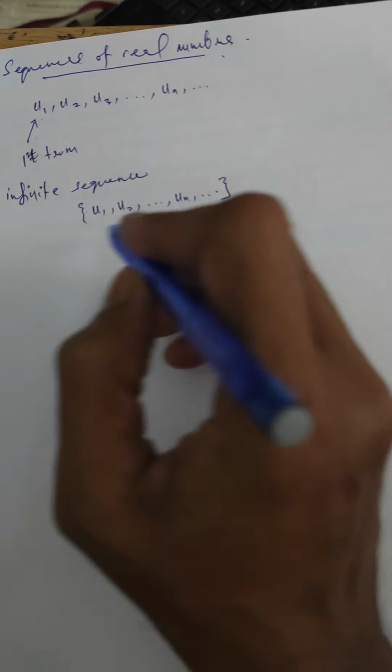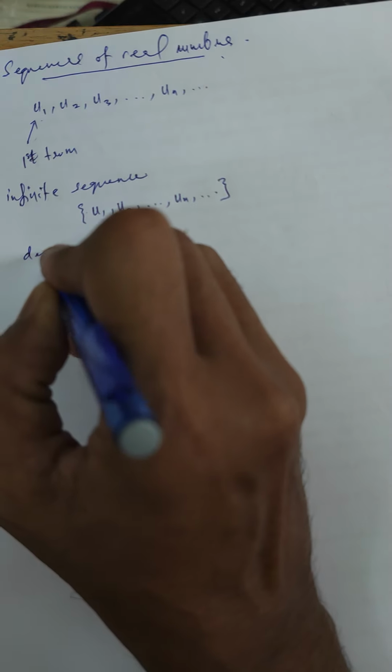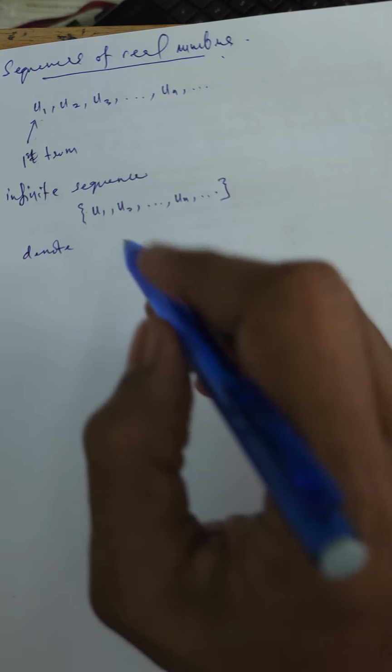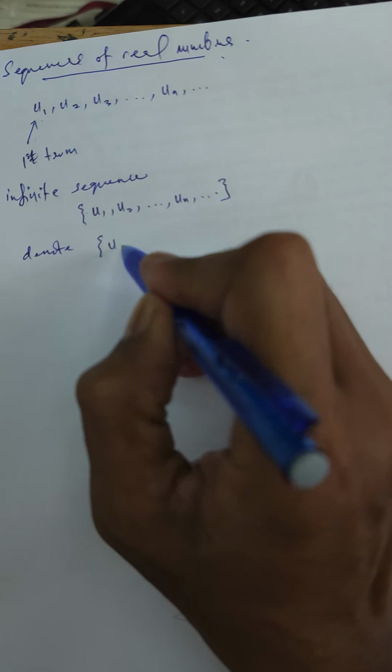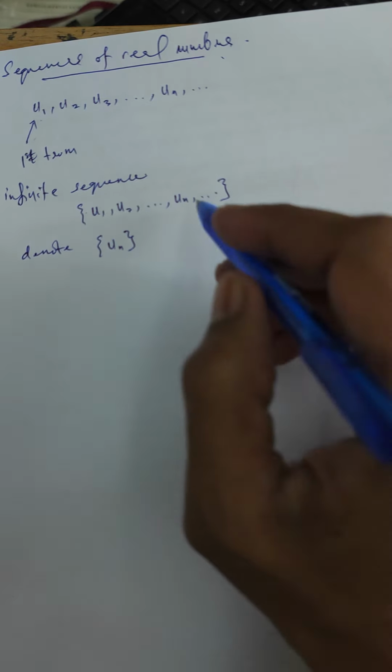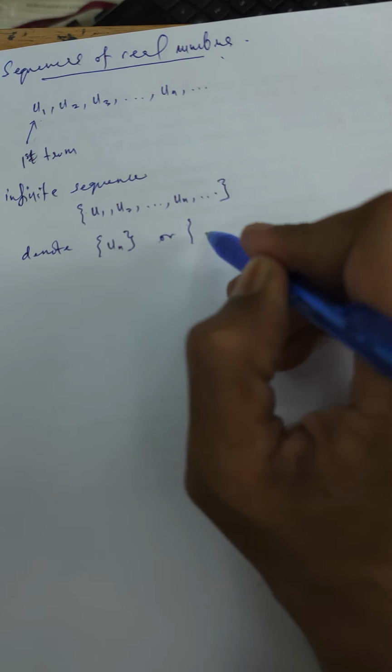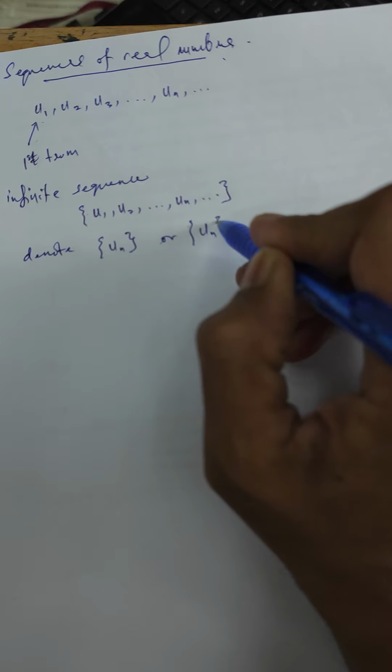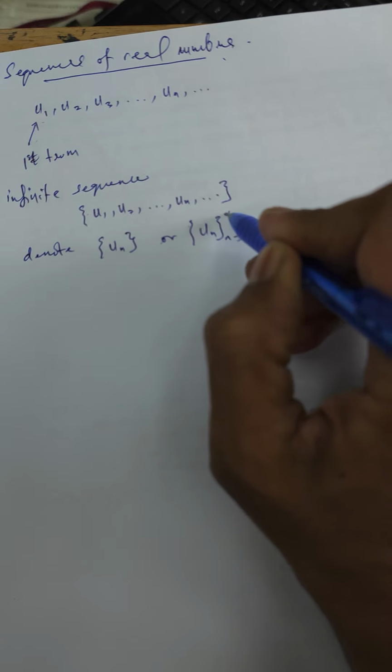Or in short, we can denote this as just UN. This means it is a sequence. Or we can also write UN, n from 1 to infinity.